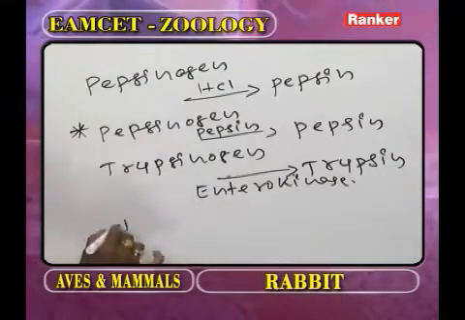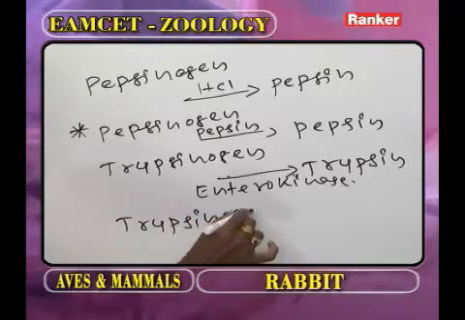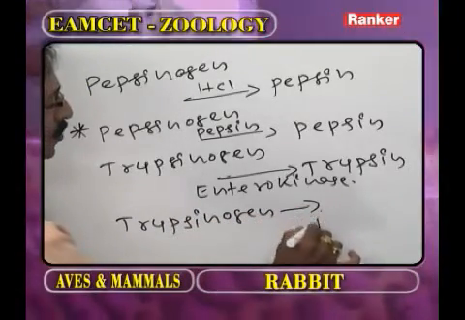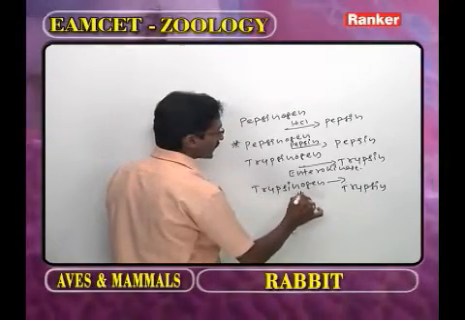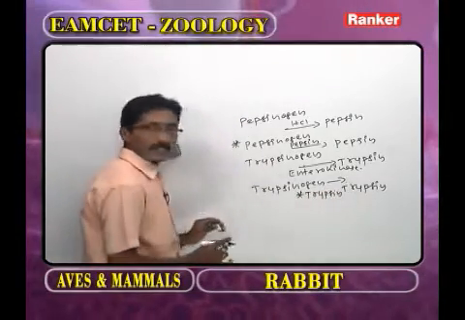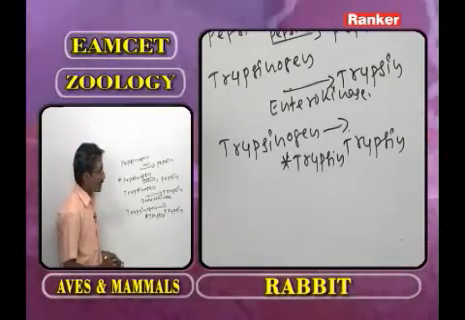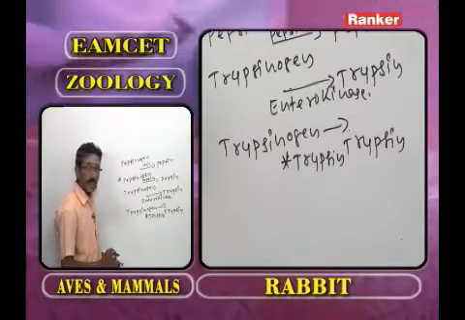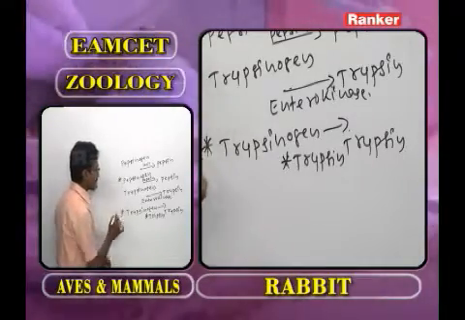Now this trypsin converts the remaining trypsinogen into trypsin. Now here what is the second activator? The trypsin. The process of conversion of trypsinogen into trypsin by trypsin, that we call autocatalysis.